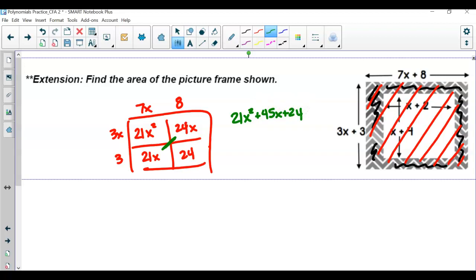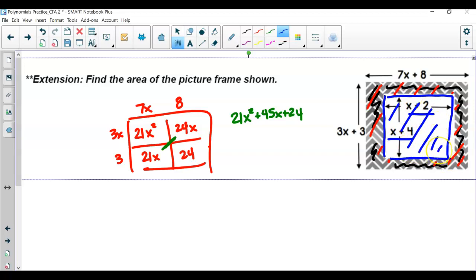But remember, that is the area of that entire rectangle. We need to take out, because what we don't need is this section here in the middle. So in order to take that out, we now need to find the area of this rectangle that is inside, which is x plus 2 by x plus 4. Find the area of this, and then what are we going to do with those two polynomials?